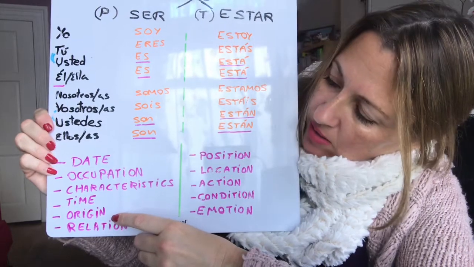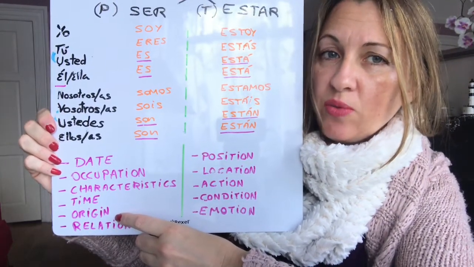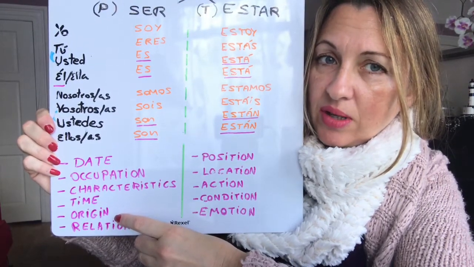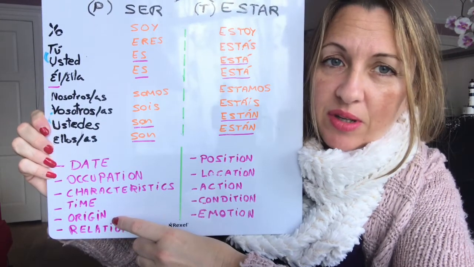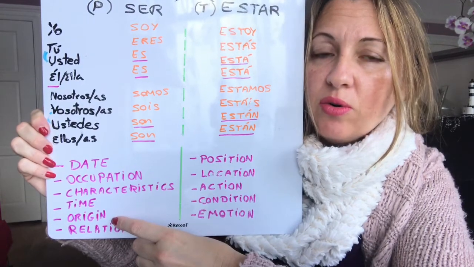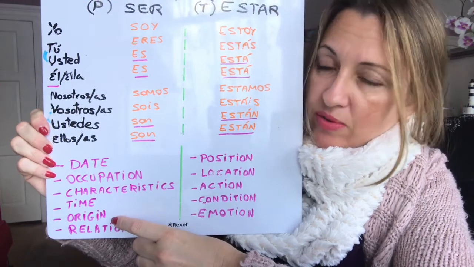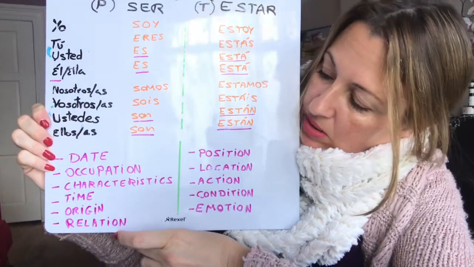Then we have origin, so where something originates from, something or somewhere or someone. So like if you are English or American, you would say soy inglés or inglesa if it is a female, or soy americano or americana if the person is a female, or the object or the animal, whatever it is.